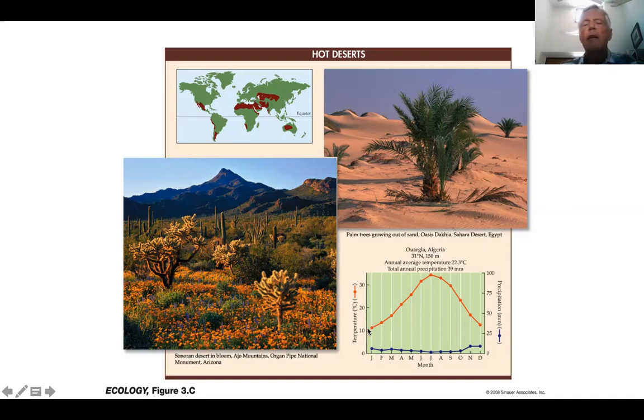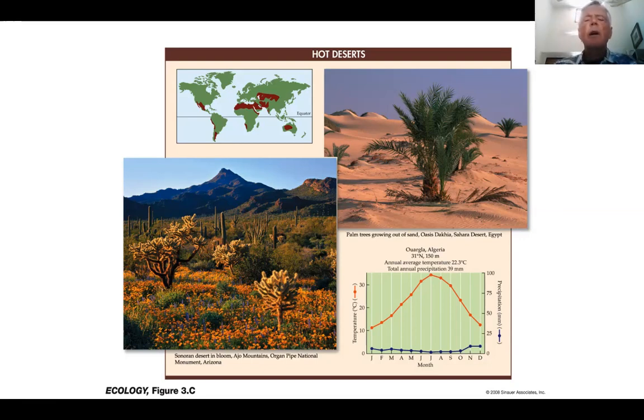But here is a plot again of the average temperature going from low to high in the summer to low. So it varies a lot in contrast to the tropics where it's almost constant. And precipitation, which is virtually zero throughout the year. This happens to be in Algeria in the Sahara Desert. So that's the nature of temperature and precipitation.